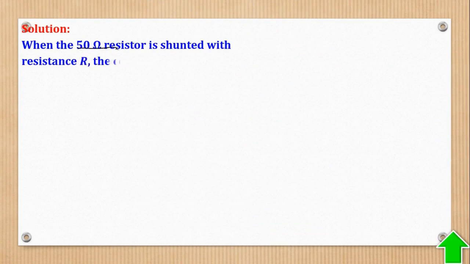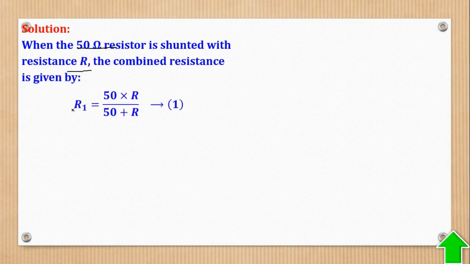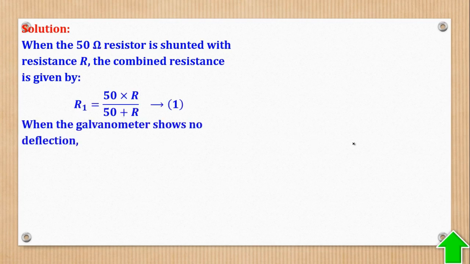So when the 50 ohm resistor is shunted with R, we shall be able to get the effective resistance, which is R1, equal to product over sum. Okay, so when the galvanometer shows no deflection, it implies that 25 over R1 is equal to 10 over 5.